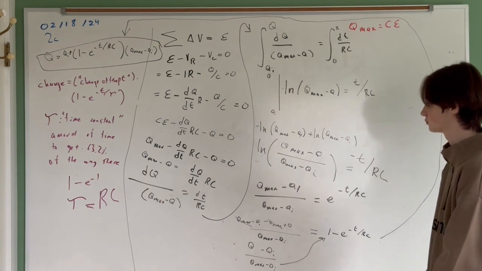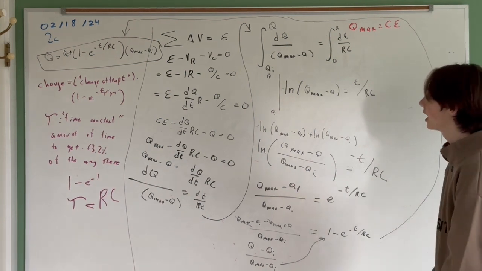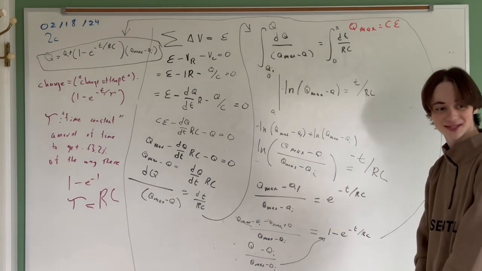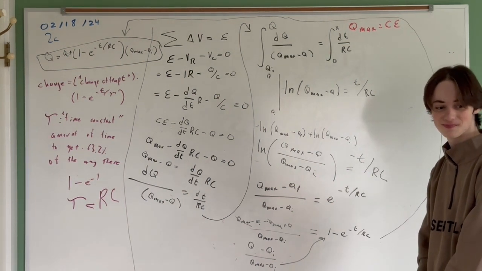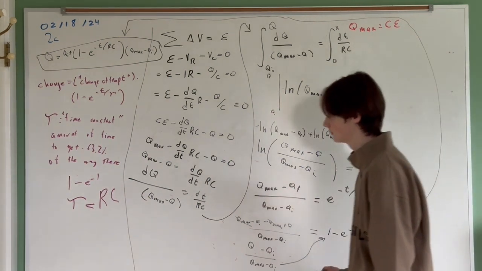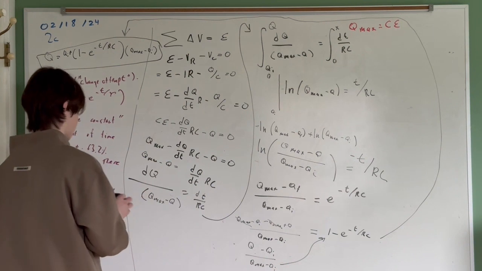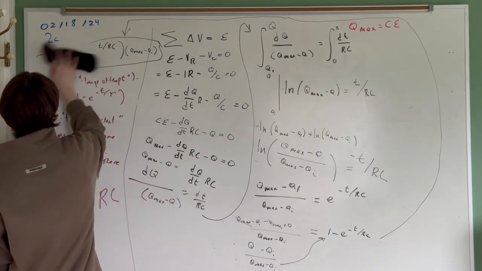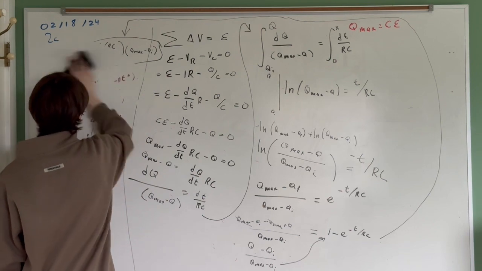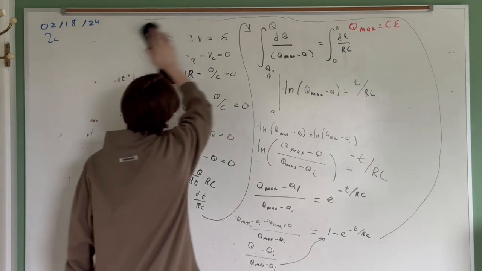Yeah, so just remember how to do this entire derivation, and you're good. Okay, I'm going to erase this though. A couple more things. You need to know how to do the entire thing.